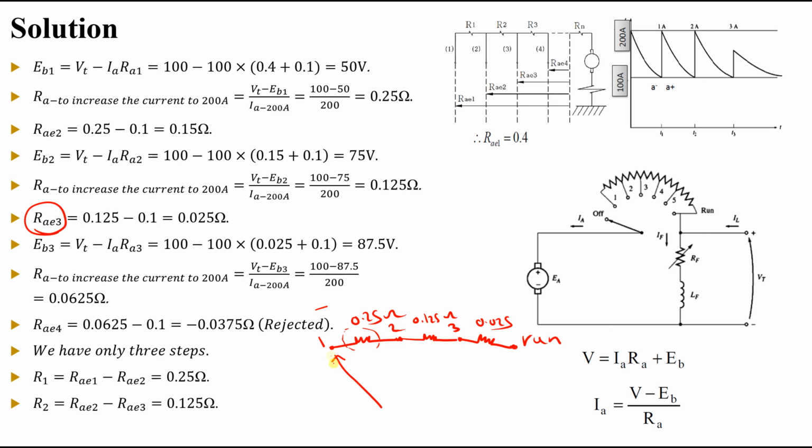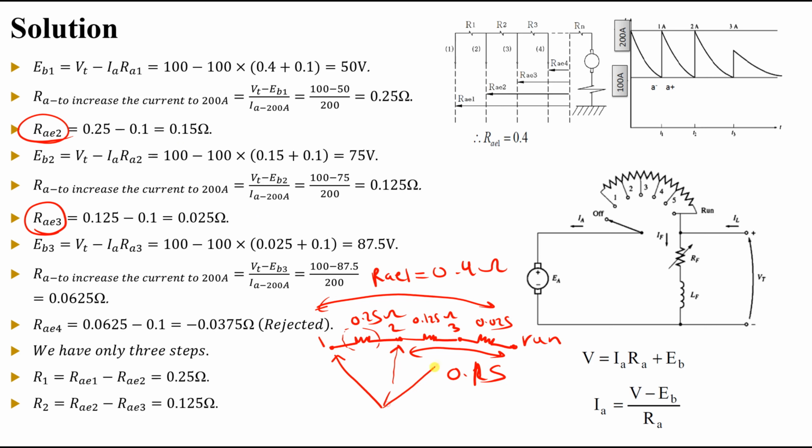Now, as you can see, at the very beginning we take all of this, RE1, which if you sum all of it will be 0.4 ohms. In the second position, we will have RE2, which is 0.15.